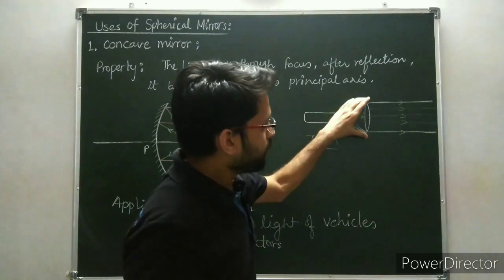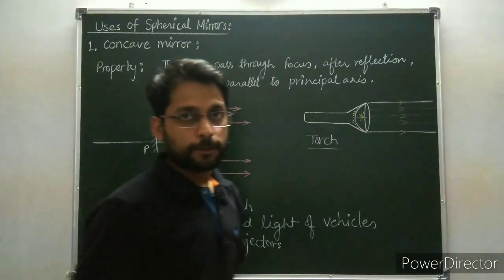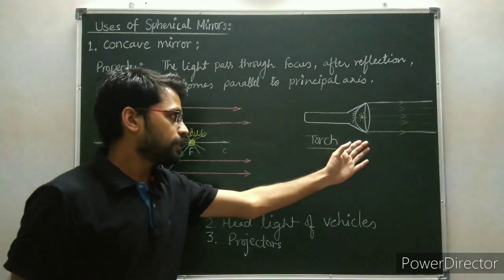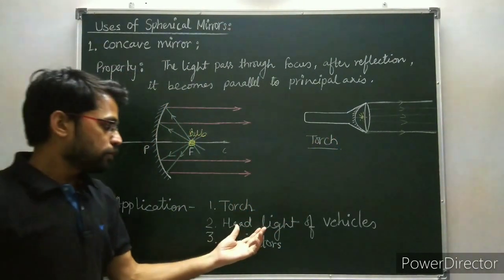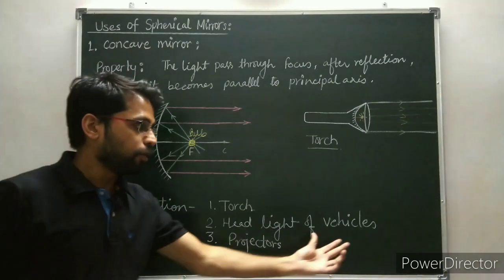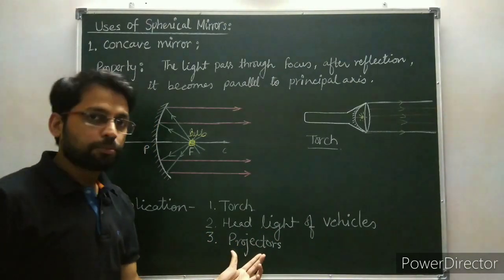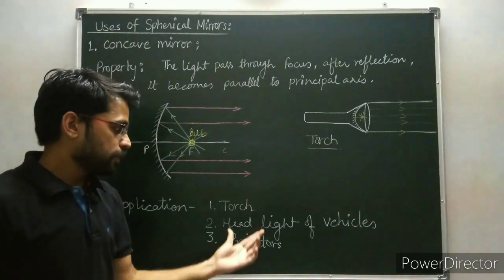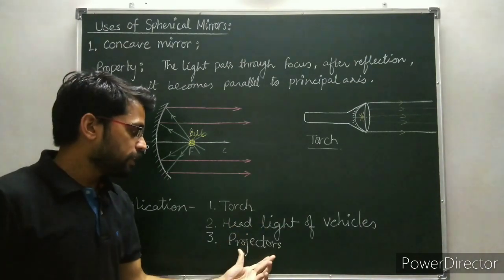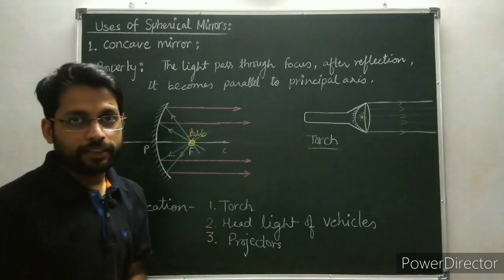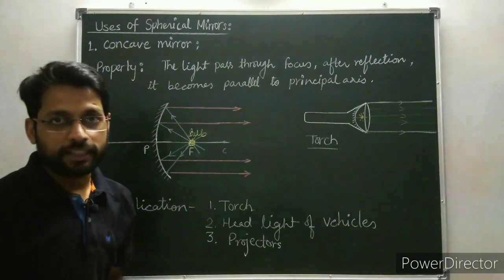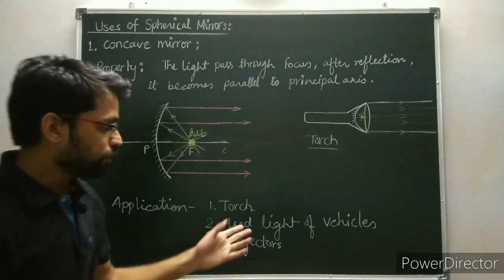Therefore the torch produces parallel beam of light. And this effect is also used in headlights of vehicles and also in projectors, because in headlights or projectors we need a parallel beam of light to project on the screen. So note it down.